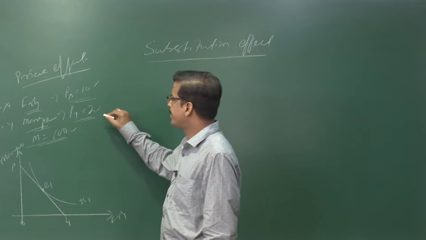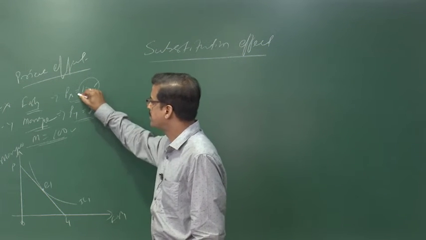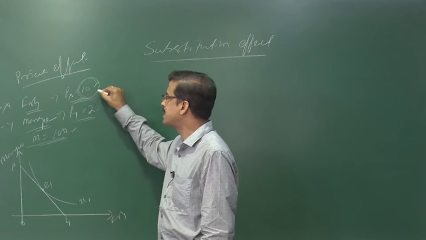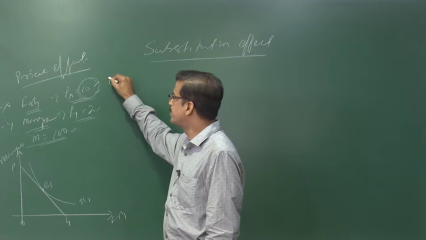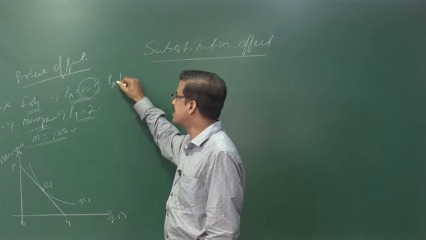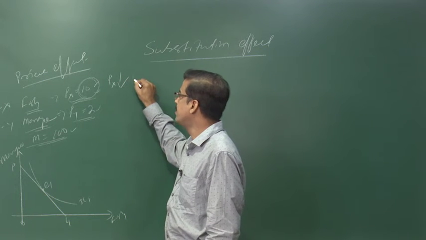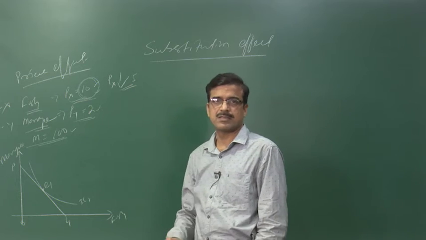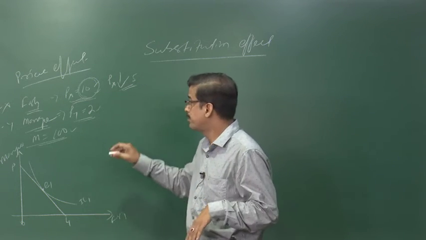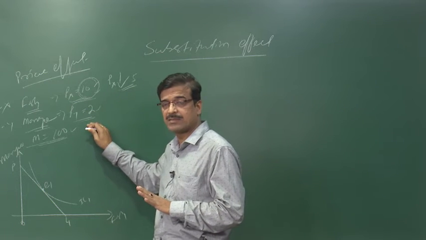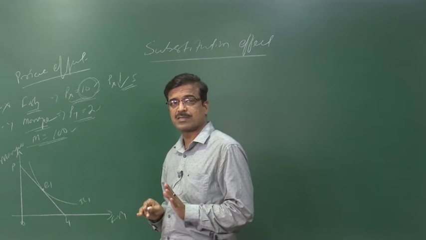Now, when the price of the product, let us say for example the price of fish, reduces from rupees 10 to rupees 5, the price of X falls by 5 rupees. When the price of X falls, remember the price of Y is constant and money income is constant.